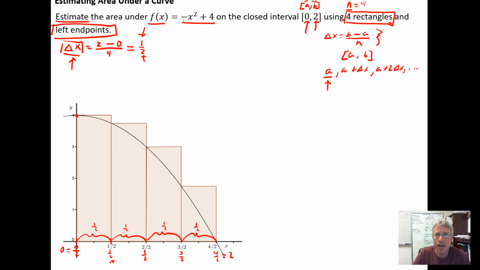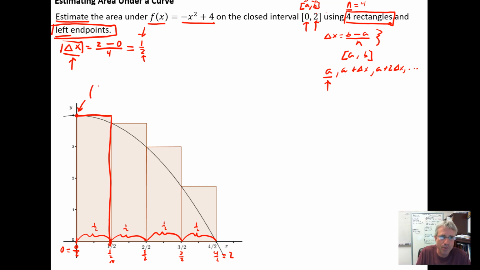So in this case, it's the graph of negative x squared plus 4. So I would want to find the point right here, right at the start of the curve, and I would construct a rectangle whose upper left corner, it's a left endpoint, so the upper left corner of the first rectangle needs to be on the curve, starting at 0, the first number.